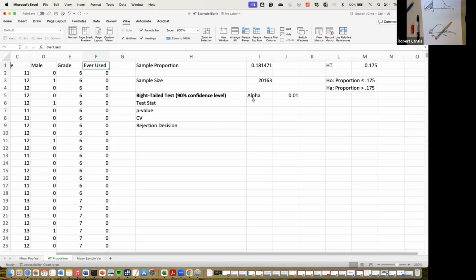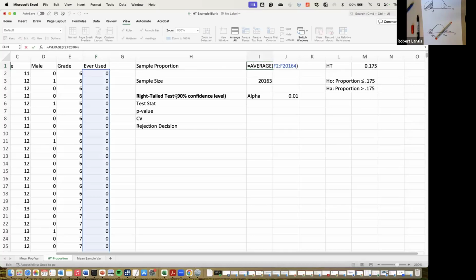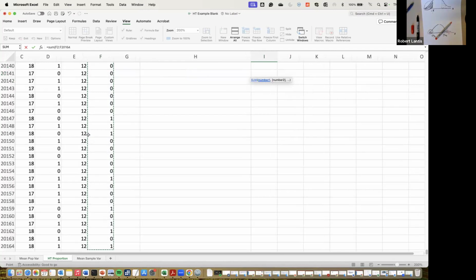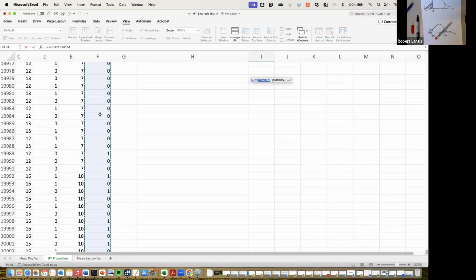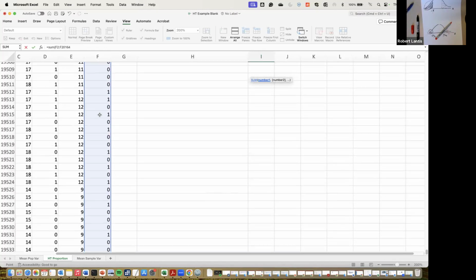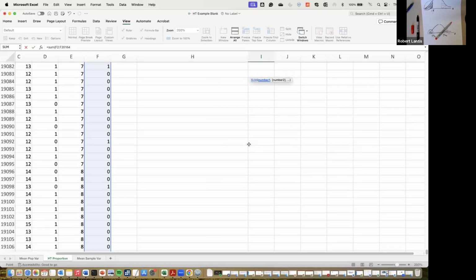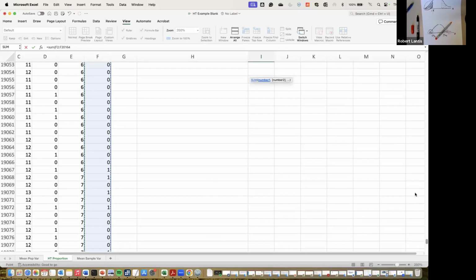So the very first thing we're going to do, we've got our sample proportion. That was just finding the mean of a 1, 0 variable. Now, technically, I could have used the sum function, because if I select this entire column, it's just going to add up all these values, and all the ones represent someone who did use an e-cigarette.